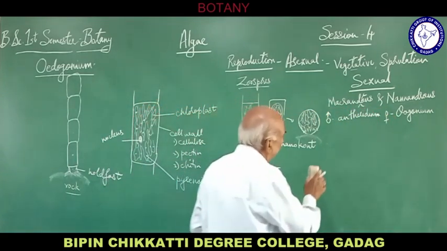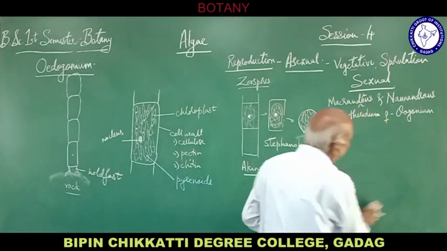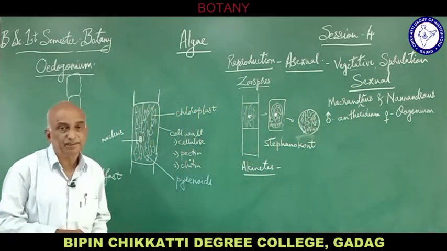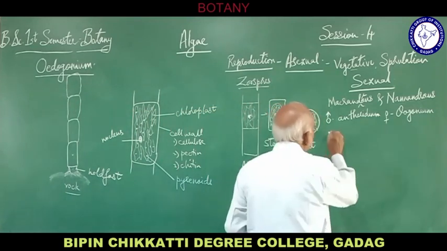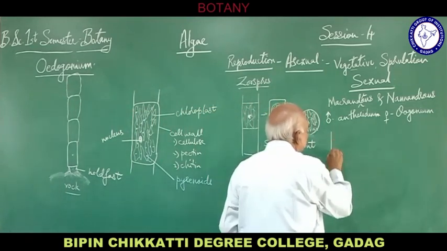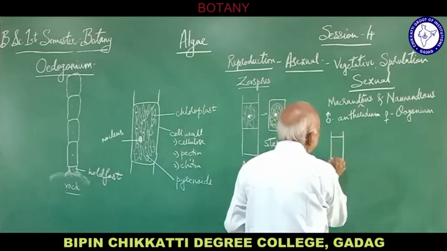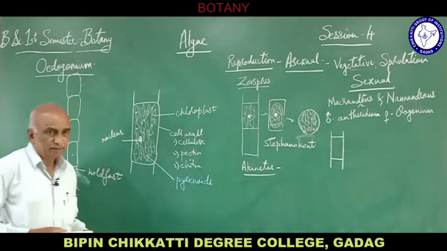These male and female reproductive organs are nothing but cells of the filament. Suppose this is a normal cell; any cell of the filament produces it.